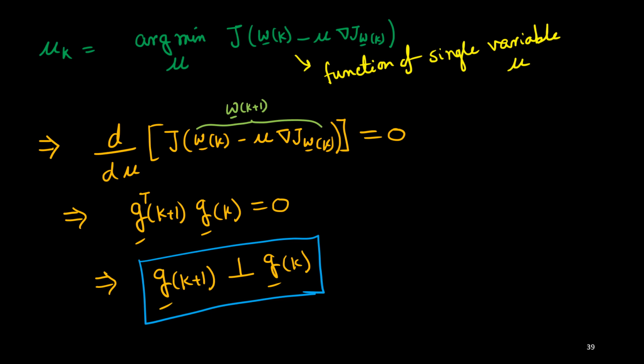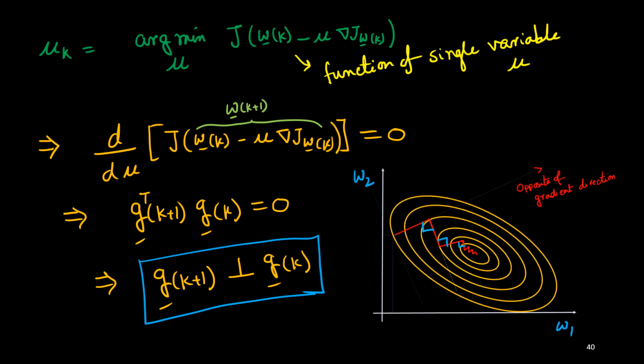So whatever direction you got at the kth iteration, the negative of gradient, now at the k plus 1 iteration, that negative of gradient direction should be perpendicular to the previous negative of gradient direction. Okay, that is one condition we will get for optimum reduction, for the steepest descent gradient descent algorithm. So this is one condition, right?